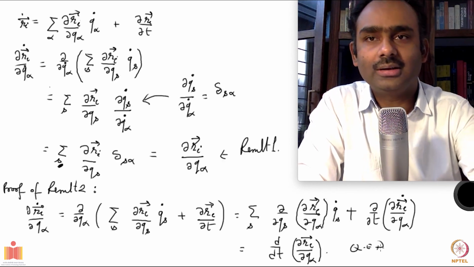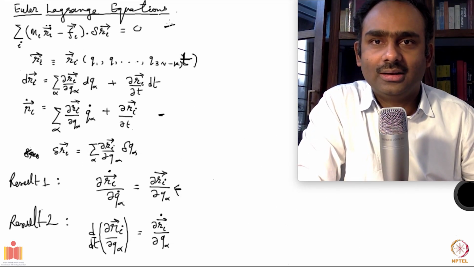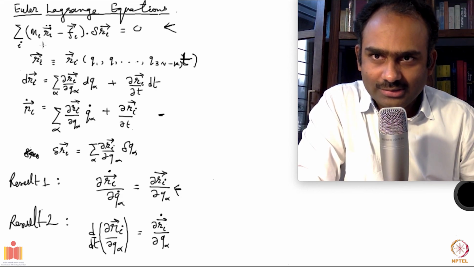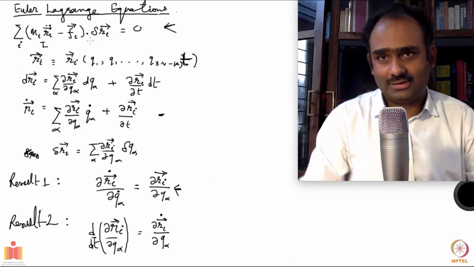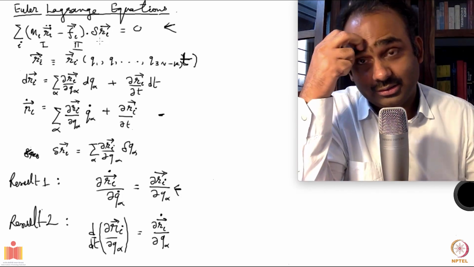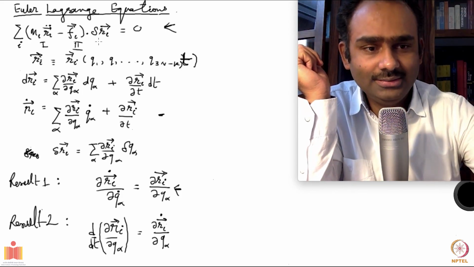Now here there are two pieces. The first term includes the acceleration dotted with delta ri, and the second term is Fi dot delta ri. Let's look at the second term first. There is a minus sign as well.